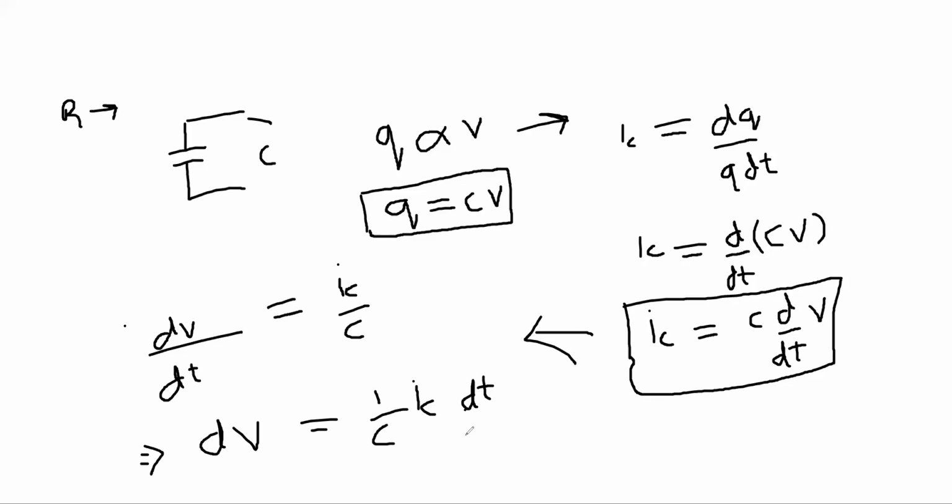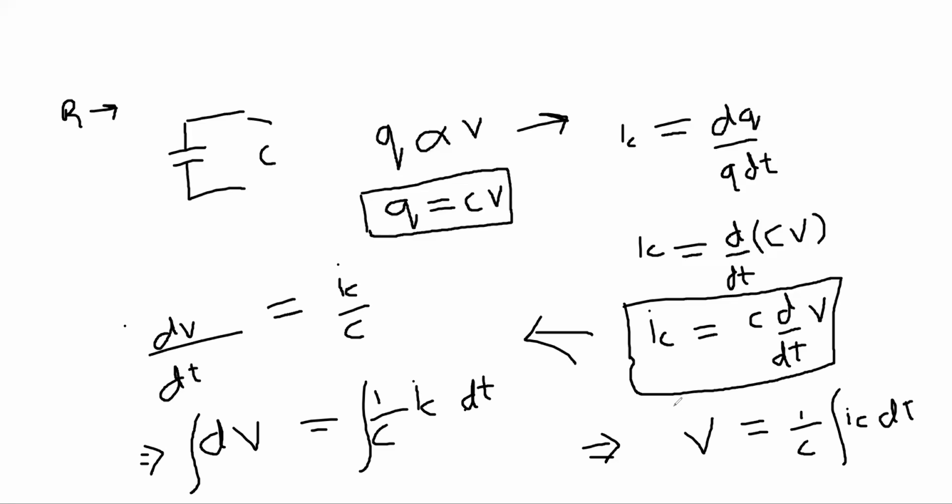Now, if you want to get the voltage, you have to integrate this portion. When you integrate, you will get v equal to 1 by C integral of IC dt.